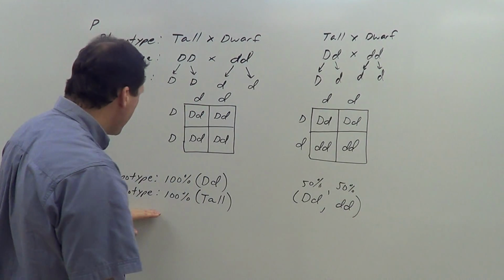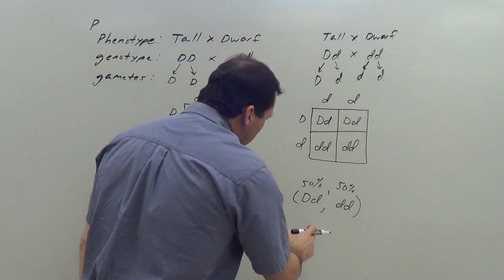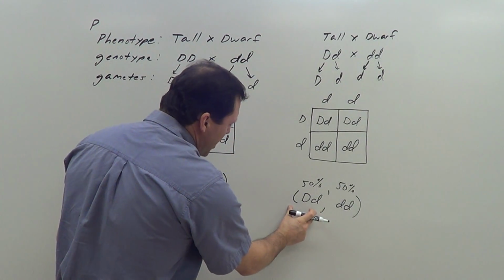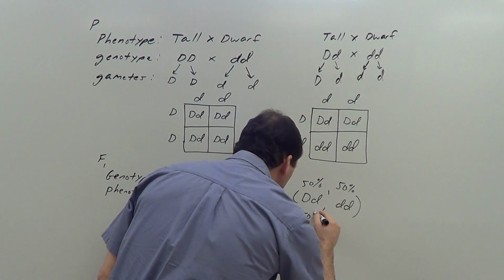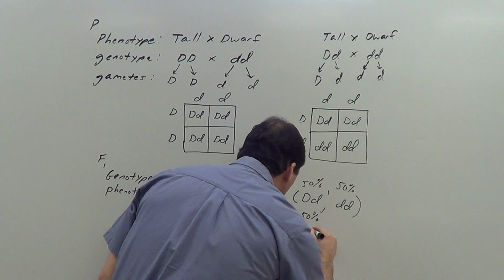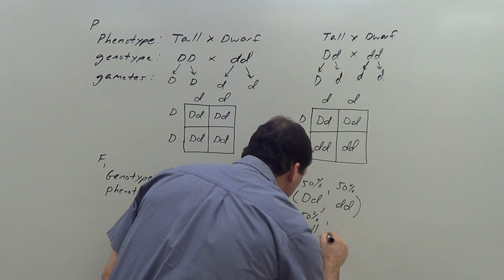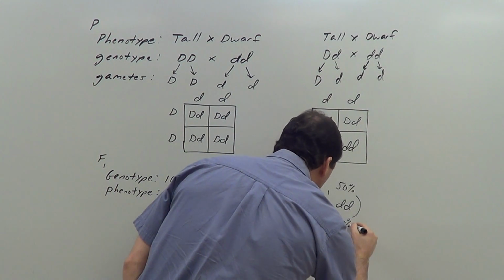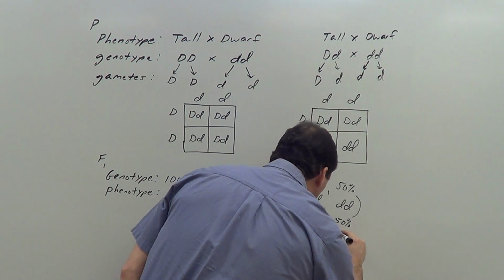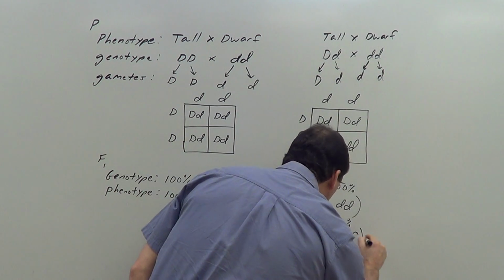Now when I write my phenotype here, this 50% is going to give me a tall pea plant. So 50% are going to be tall, and then this other 50% are going to be dwarf.